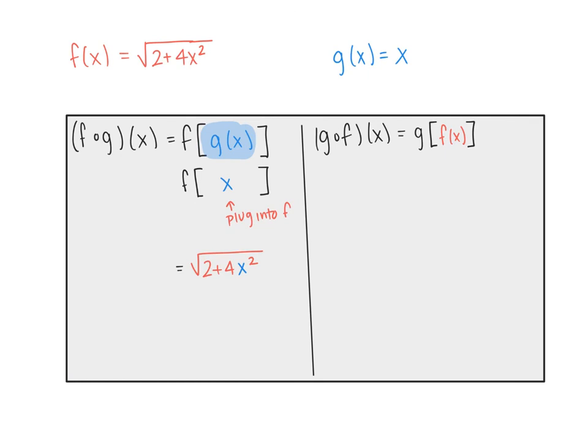Now my other way, g of f of x, says take f and plug it into g. So what's f? This thing right here. I'm going to take that and replace it where there was an f of x in my problem.